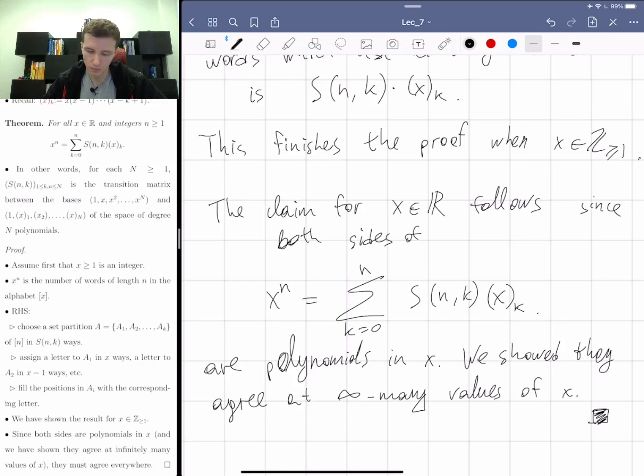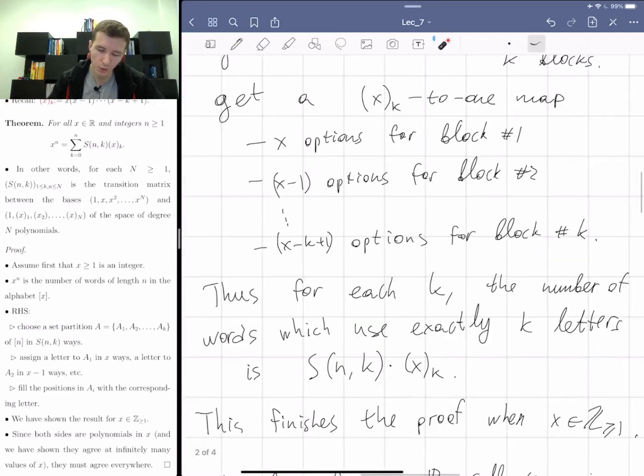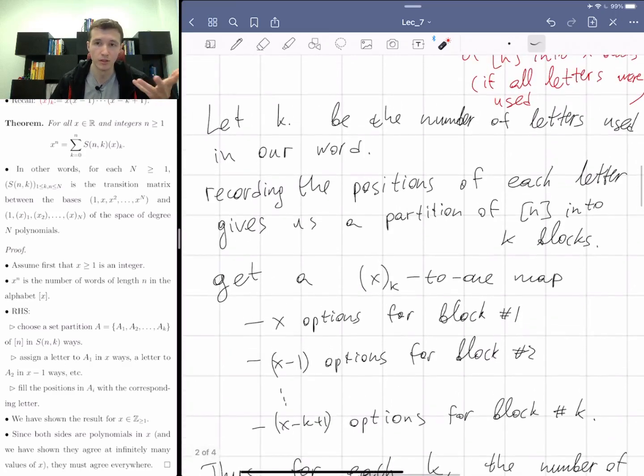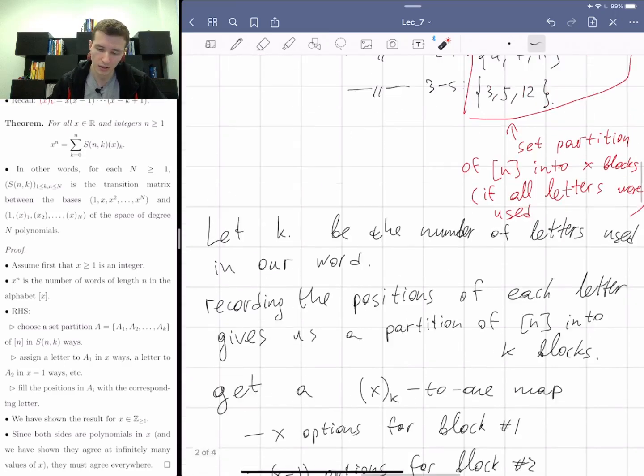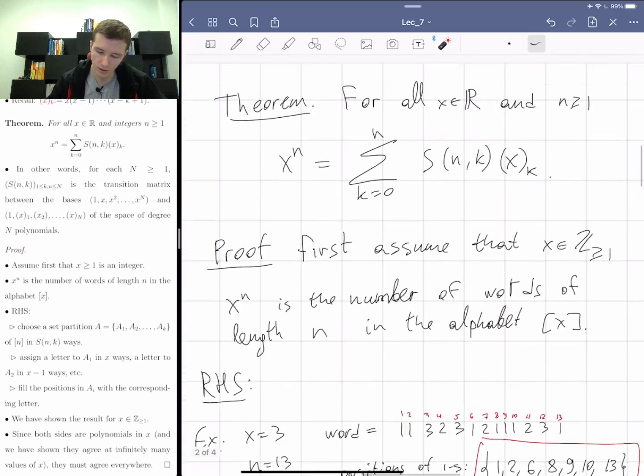So that's the proof of, again, I think this is a very beautiful result. The new trick you learn in this proof is that if you want to show something for arbitrary real numbers, and you're dealing with polynomials, then you can restrict to the integers, in which case you can use the familiar tool that we always used: we interpret the right and left hand sides combinatorially and then find a bijection.